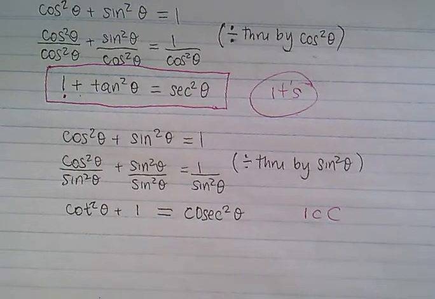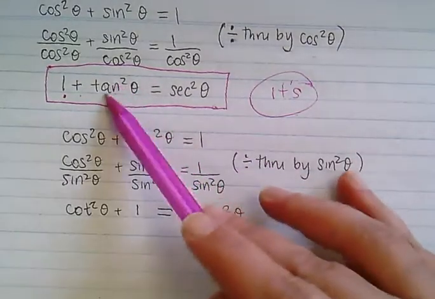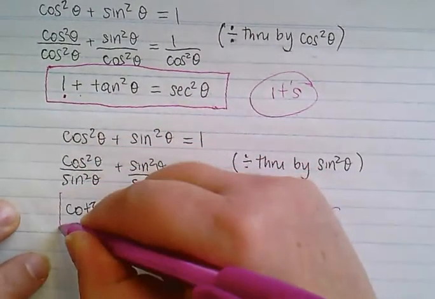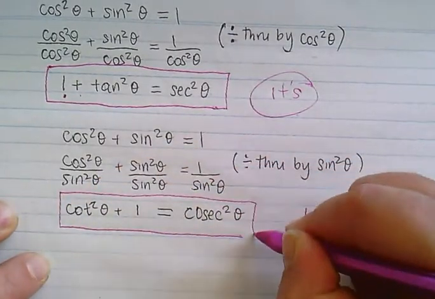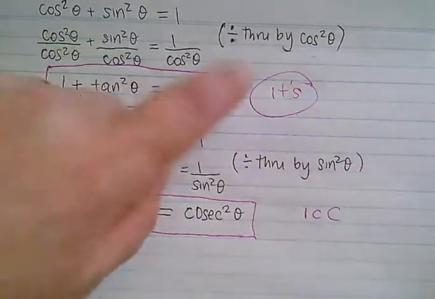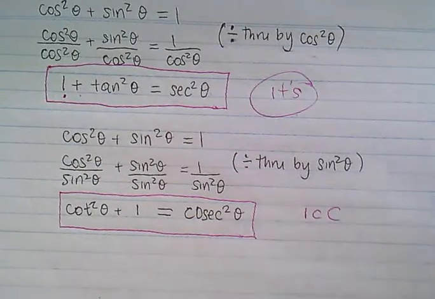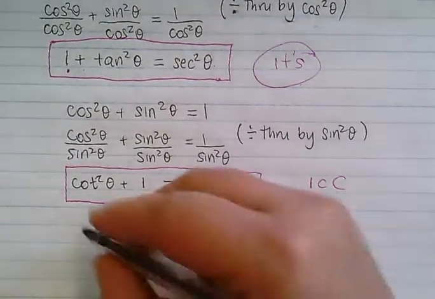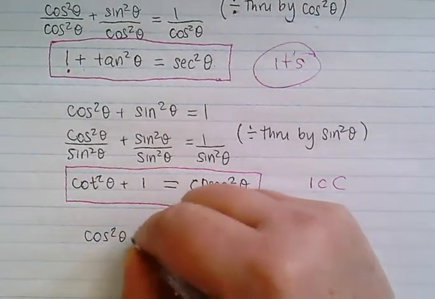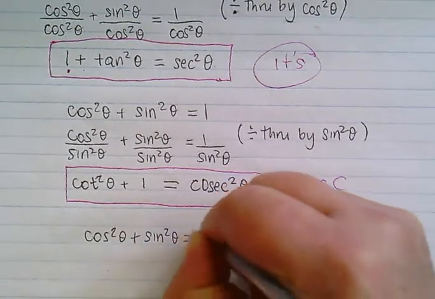Because what are the 6 ratios? Apart from the cos and sine, you have to know cos squared plus sine squared is 1. These other 2 ratios, girls, these other 2 use tan and sec and cot and cosec, whereas the first one uses cos and sine. So let's just write the 3 out again. Cos squared theta plus sine squared theta is 1.